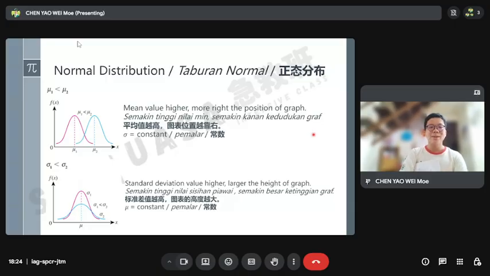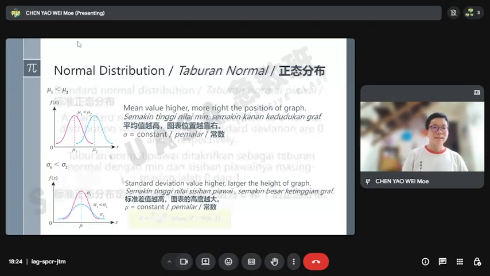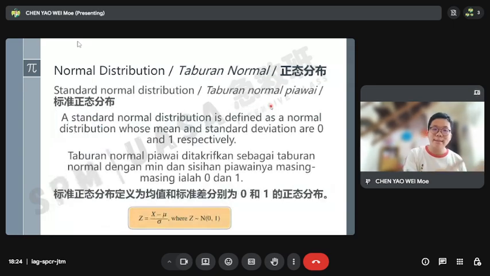Next, we need to standardize our normal distribution using this formula. Just now we learned about X, the mean, and then the variance.